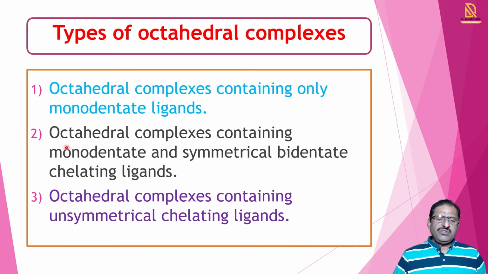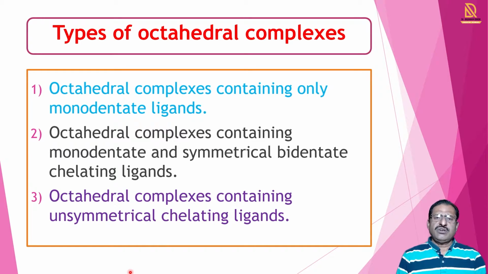The second type is octahedral complexes containing monodentate and symmetrical bidentate ligands. Here the central metal is attached by some monodentate and some symmetrical bidentate ligands, which we have already seen in the first lecture. The third type is octahedral complexes containing unsymmetrical chelating ligands.